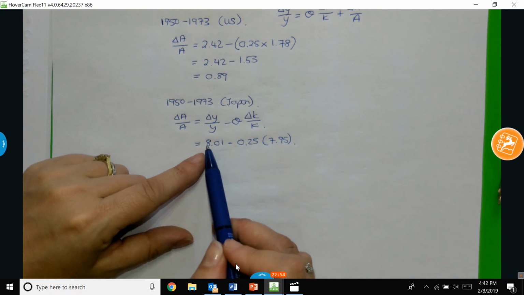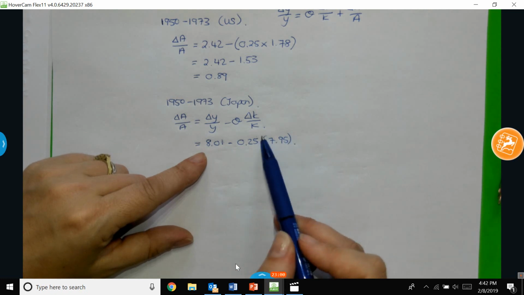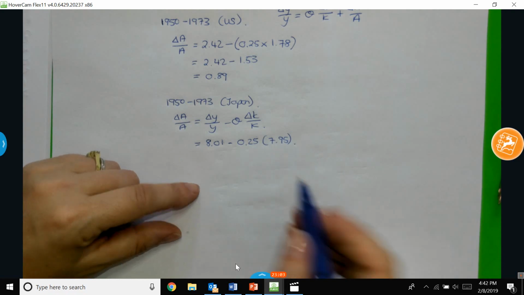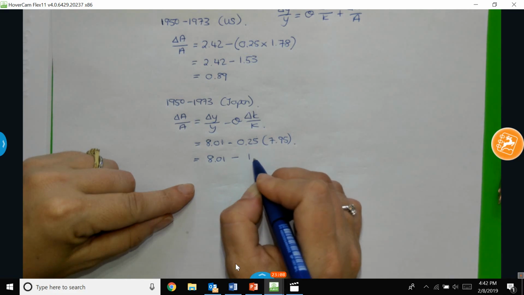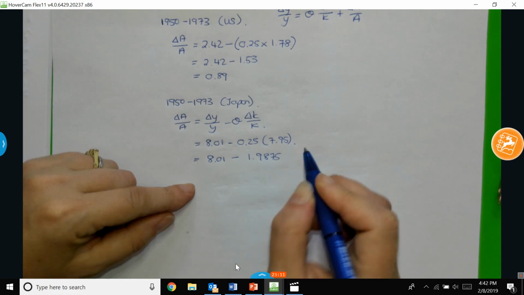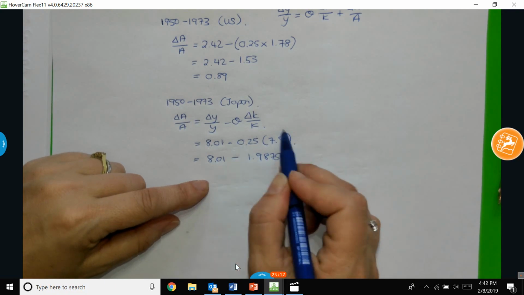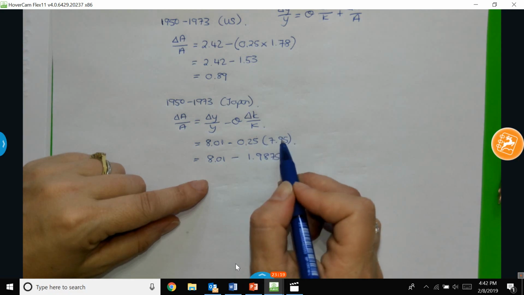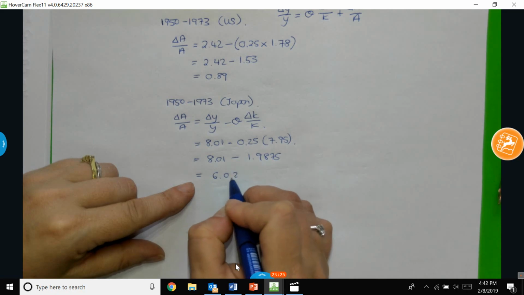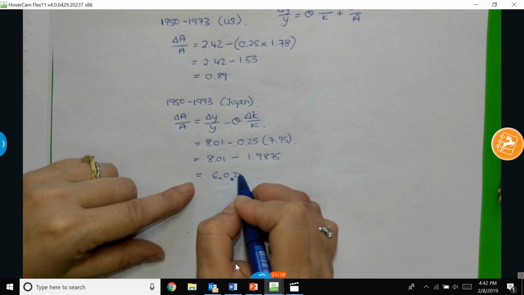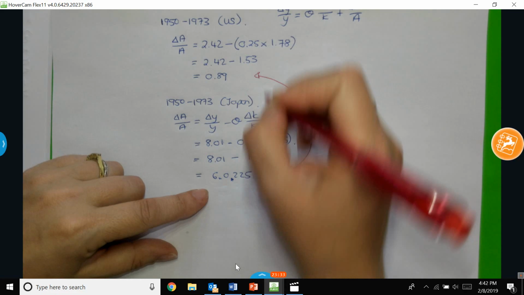Output per person growth is 8.01, that's from the table. 7.95 is the growth in capital stock per person, again from the table. We then go 8.01 minus 1.9875. That figure is what happens when you multiply theta by the per capita growth rate in capital stock. And what that works out to is 6.0225.